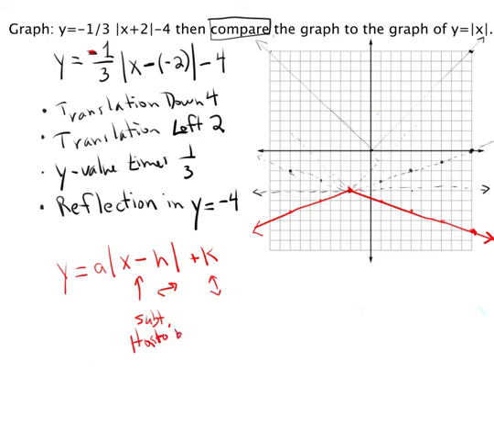A has two functions: it's the y value multiplier, and it is also the reflection. And remember, the reflection is across the y equals number, and that y equals number actually is our k. So we can just take the number right from that k in the back and put it right over the y equals 0.